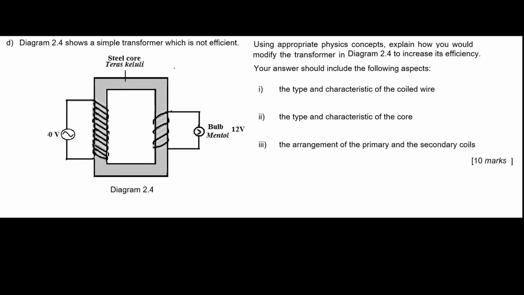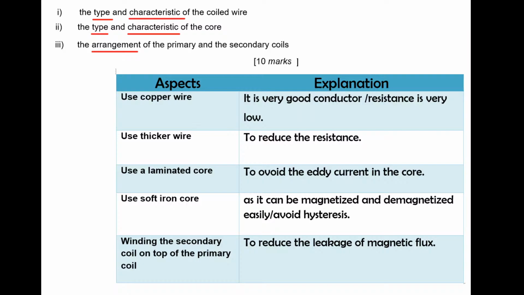Okay, so the answer I will show here. Hopefully you can memorize this question because this one is a hot question. Okay, let's see the answer. Copper wire, that's a very good conductor. Resistance is very low. The next one, we use thicker wire to reduce the resistance.